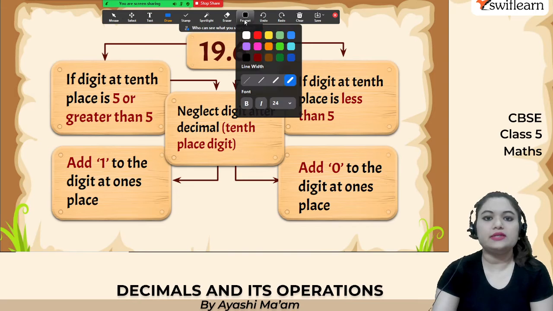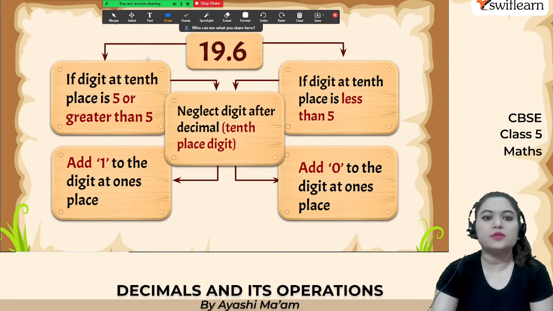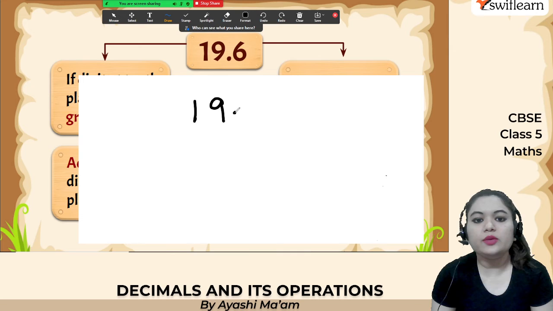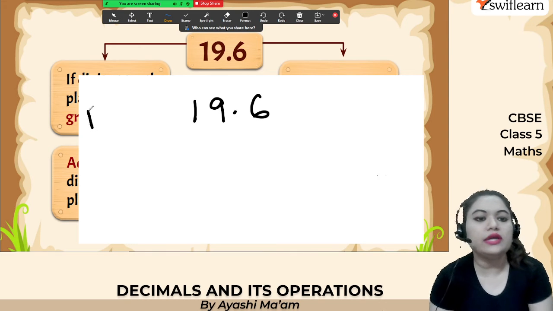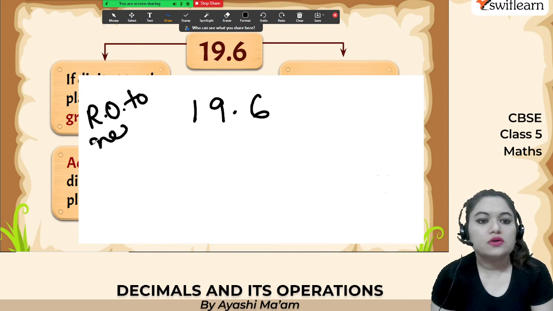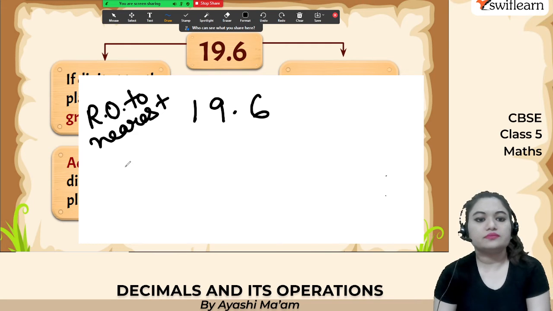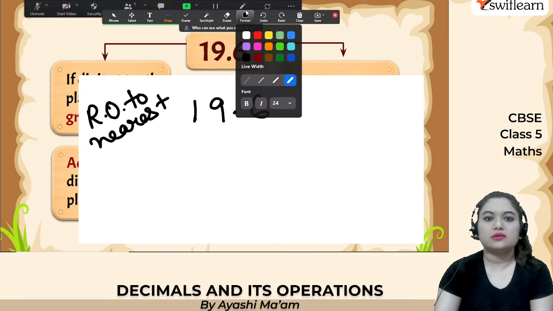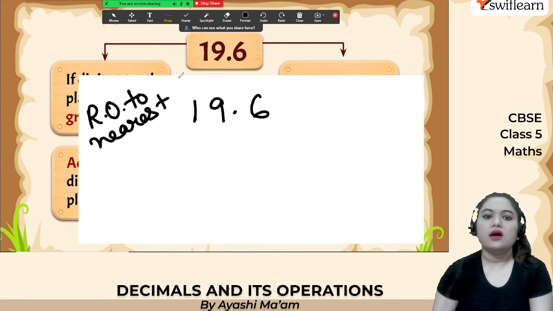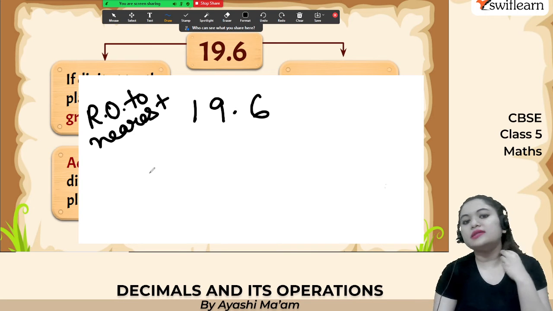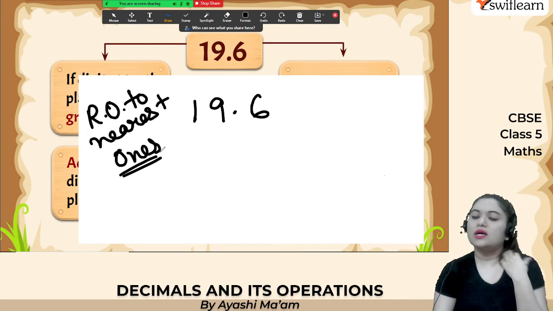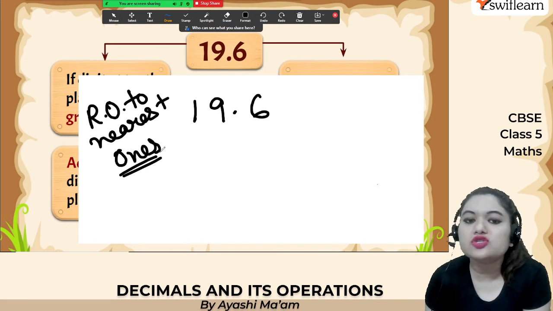Let me quickly take the whiteboard and solve it in front of you. 19.6, and we are rounding off to nearest, was it ones or was it tens? Okay, let us consider it as ones. First let us try to do it for nearest ones.